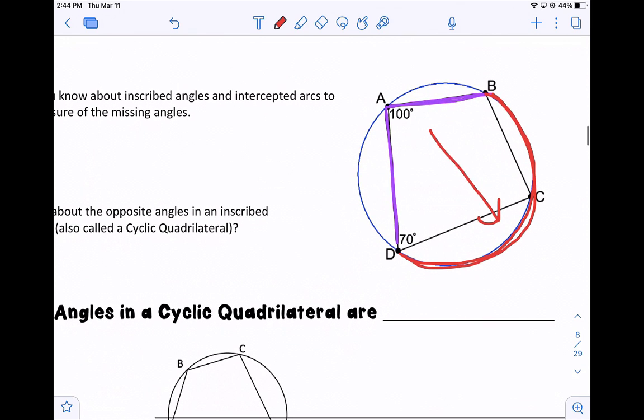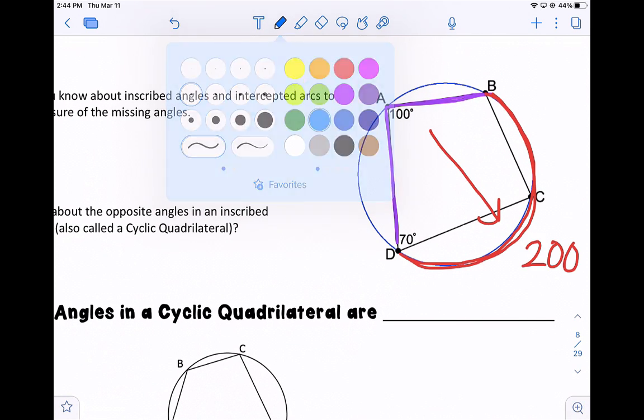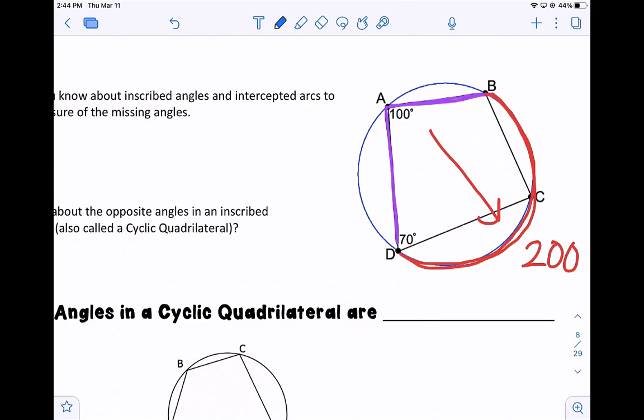So if we double that, this is 200. Now I'm going to use the property of a circle. We know that there's 360 degrees in a circle, and I want to figure out the measure of arc DB. Since we have the 200 for the red arc, if we take 360 minus 200, we'll get 160.